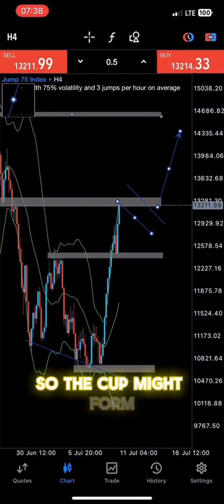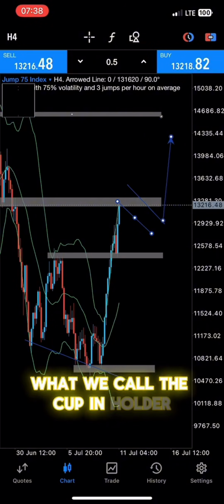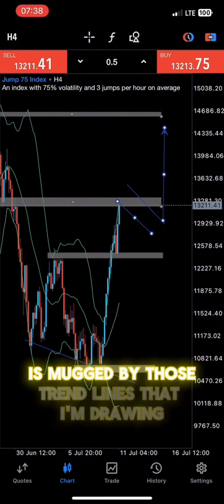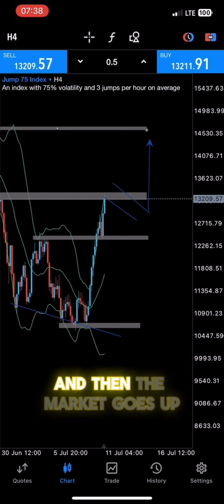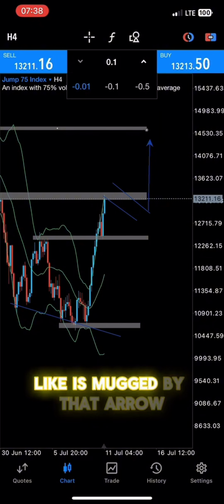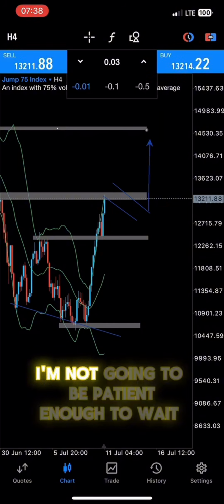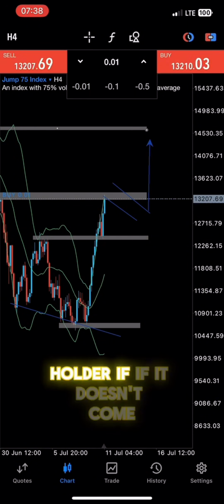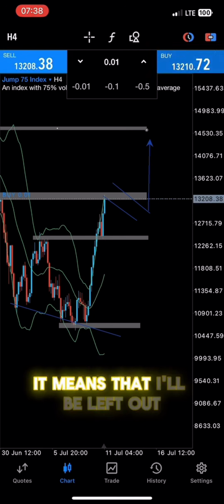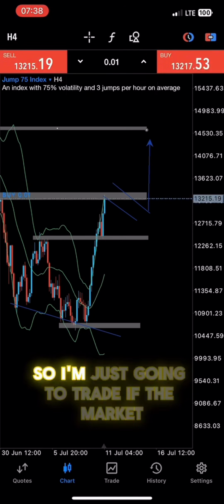The cup might form what we call the cup and holder, as marked by those trend lines that I'm drawing. This forms a falling wedge after the cup, and then the market goes up, as marked by that arrow. However, I'm not going to be patient enough to wait for that holder. If it doesn't come, it means that I'll be left out. So I'm just going to trade.